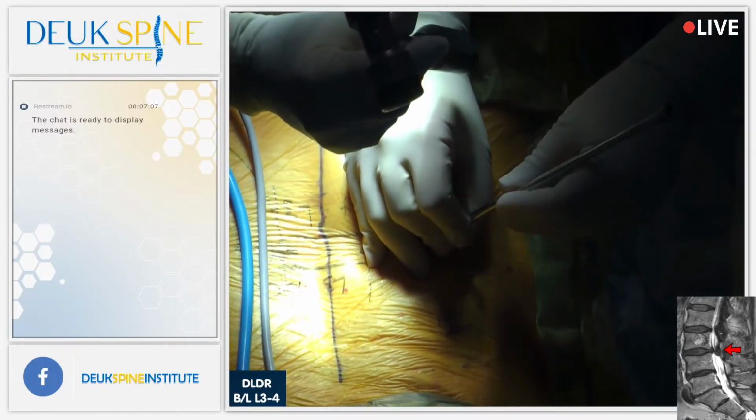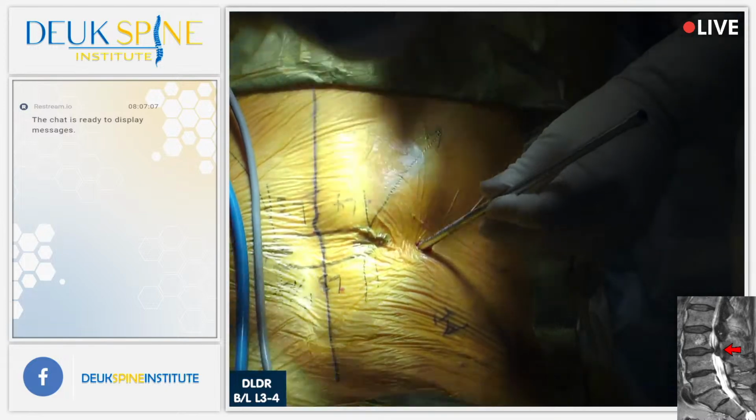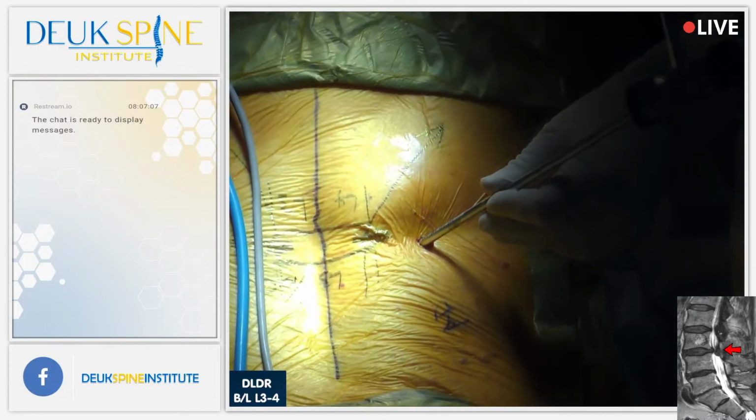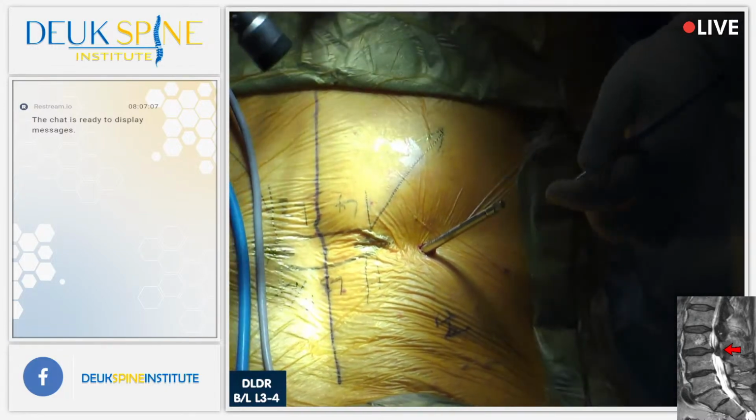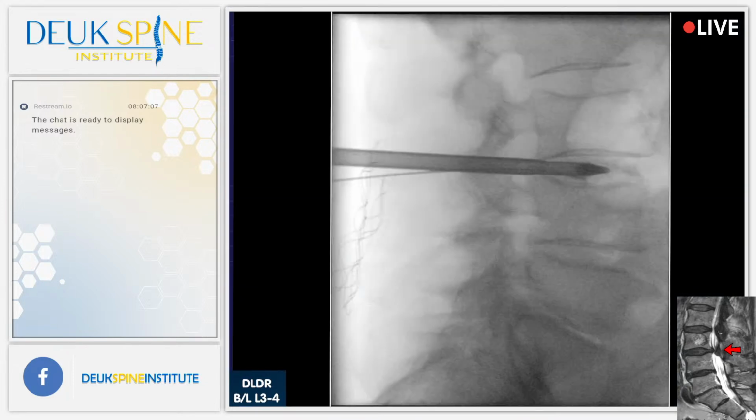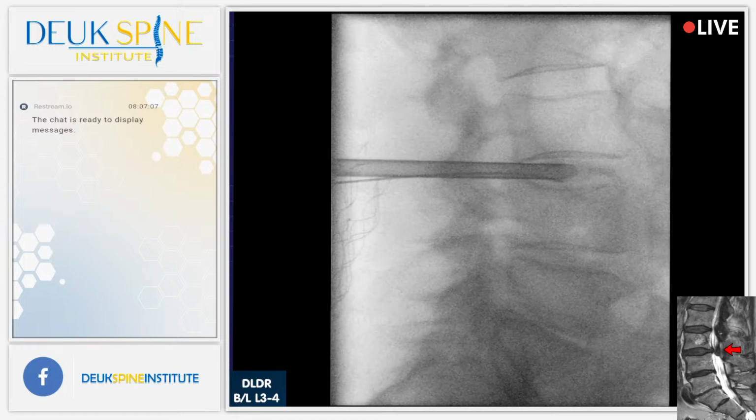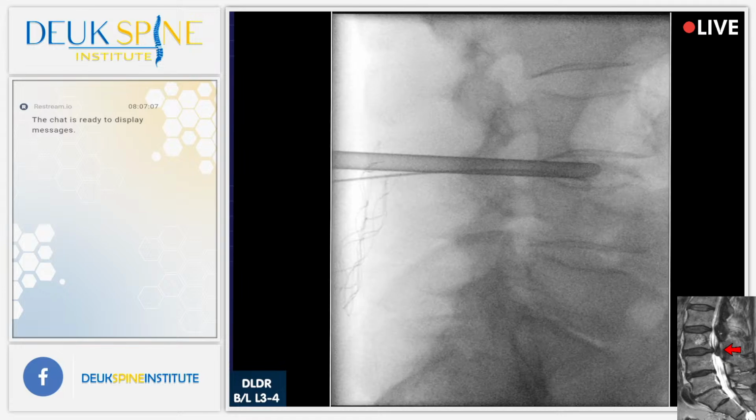Most surgeons lose hundreds and hundreds of milliliters in a surgery. We're going to lose drops. So not even in the same zip code as most spine surgeries, okay? So this is bloodless surgery. It's no painkillers after surgery. It's outpatient, meaning this patient's going home.